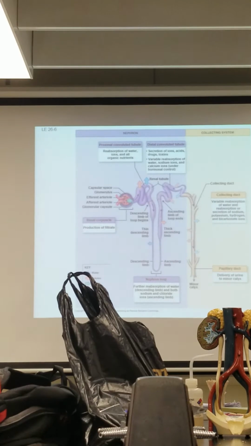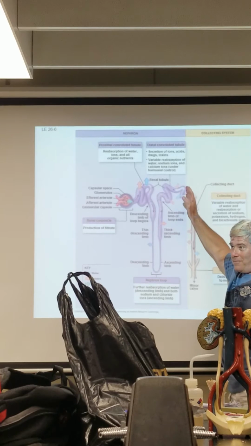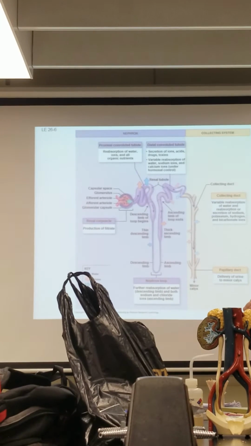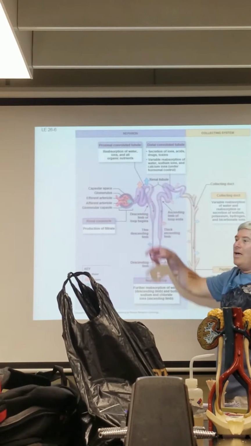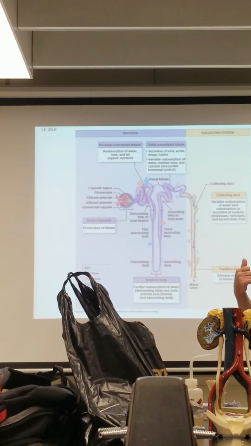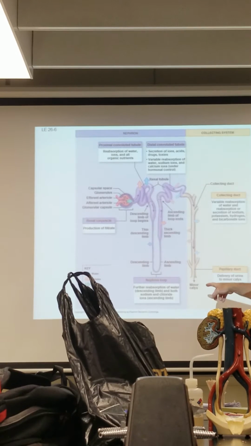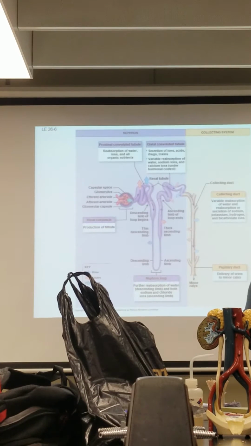Okay? So, guys, between here and here, we have the chance of sucking things up again. So when glucose comes down, your body says, that's an energy source. I need it. It reabsorbs it. Now, guys, if you find glucose in your urine, what does that tell you?